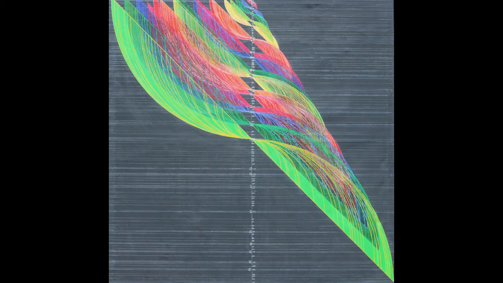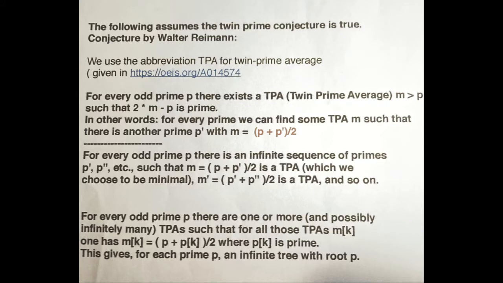Since I was in Linz at the Bridges Math Art Conference, someone investigated my discovery of the symmetry of the prime numbers, and he wrote something that is probably also interesting to you, and I will show this now.